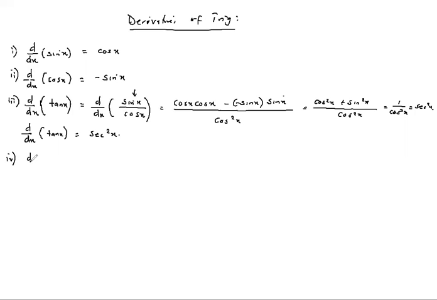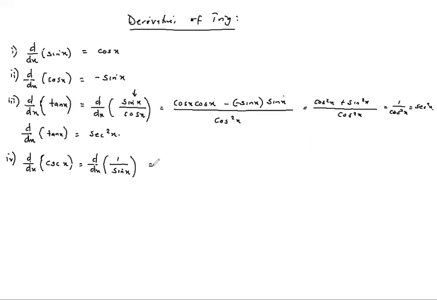Then the derivative for cosec x, that is the derivative of what? That's the derivative of 1 over sine x.